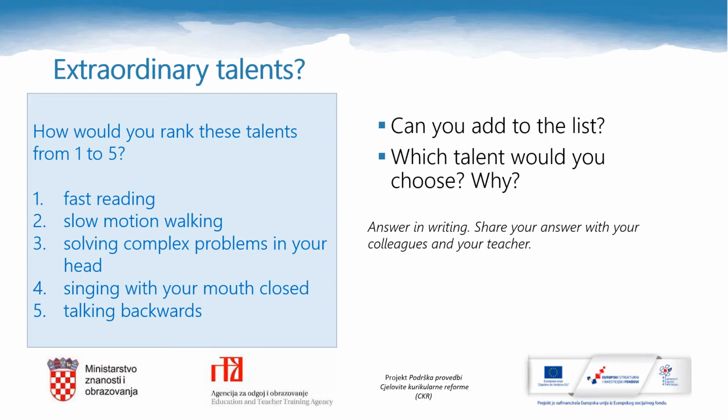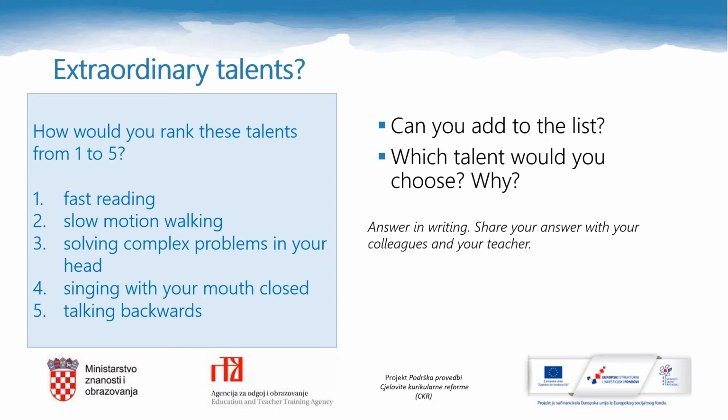Let's stop for a moment and think about some talents that we hear about. Have you heard of these unusual talents, and how would you rank them? Can you rank from 1 to 5 these talents? Fast reading, slow motion walking, solving complex problems in your head, singing with your mouth closed, talking backwards.